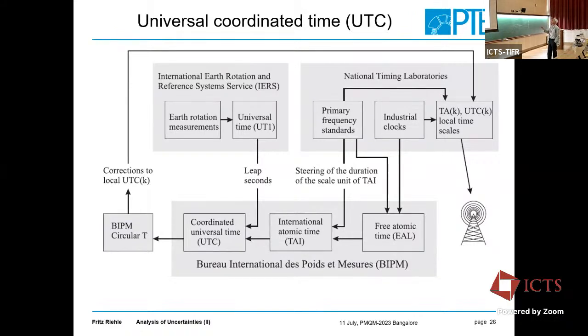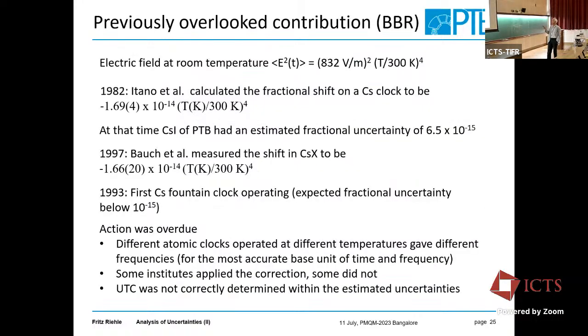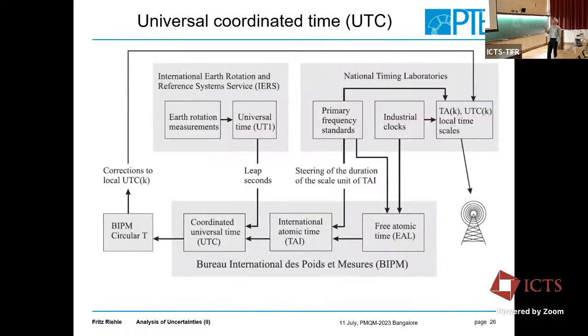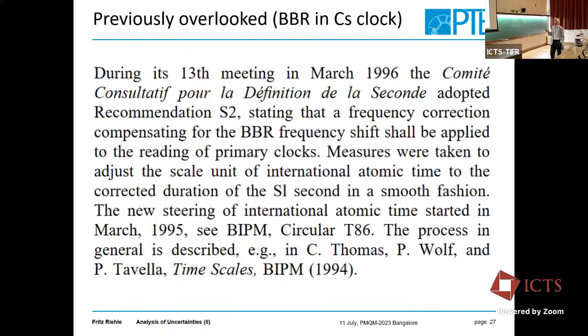And this is done by the timing institutes, and then distributed to the users via different means. Okay, that's enough to see that an error here directly contributes to UTC.